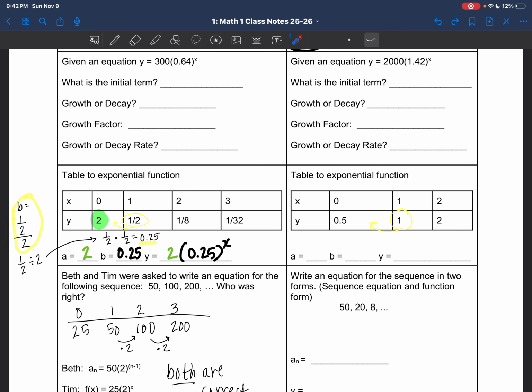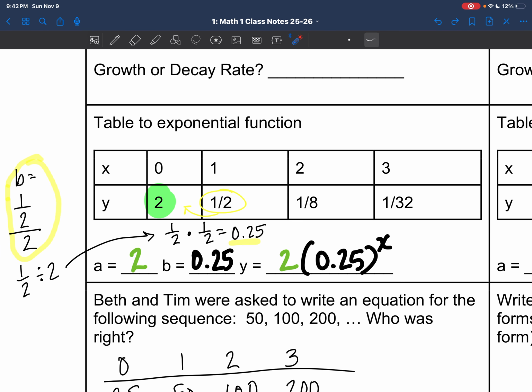All right, so table to exponential function. What we're going to do is look at the information on here and change it into an equation. So we know our starting point is 2, so that's your A value. And now to find your common factor, you just take this over that.